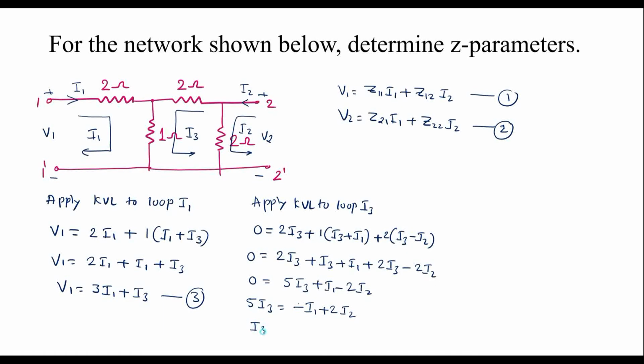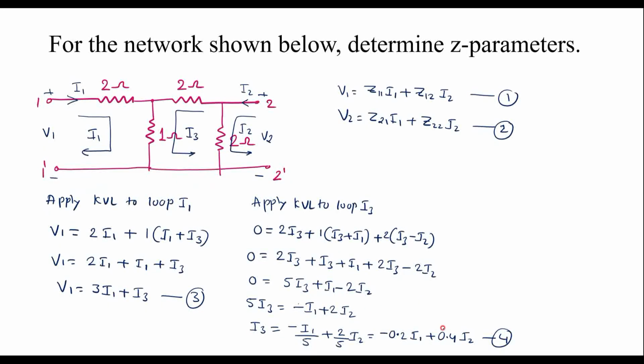Therefore, I can write I3 is equal to minus I1 by 5 plus 2 by 5 I2, or 1 by 5 is nothing but 0.2, so I3 is equal to minus 0.2 I1 plus 0.4 I2. We'll call it equation number 4.